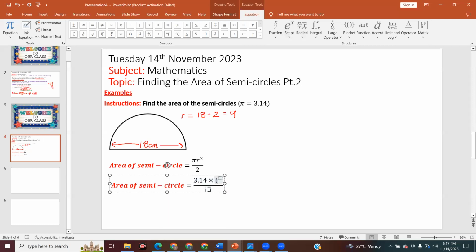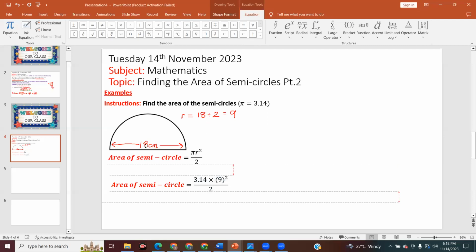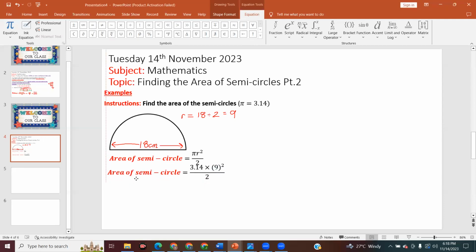And we say we have to square the radius. What does it mean to square the radius? Times it by itself. So 9 squared is equal to what? 9 times 9. Very good. Let's write that down.